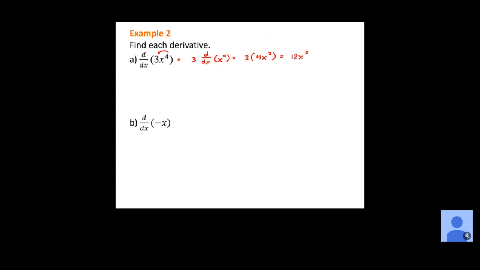Okay. What about the derivative of negative x? So what type of function is negative x?